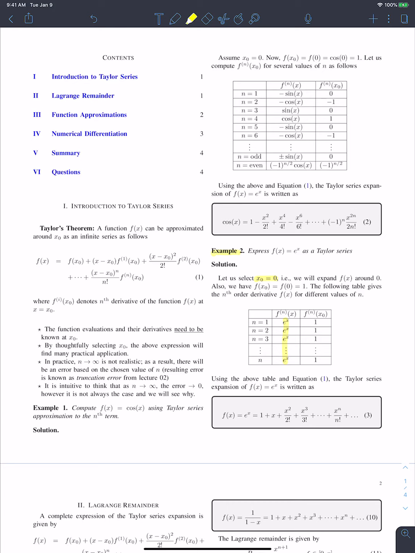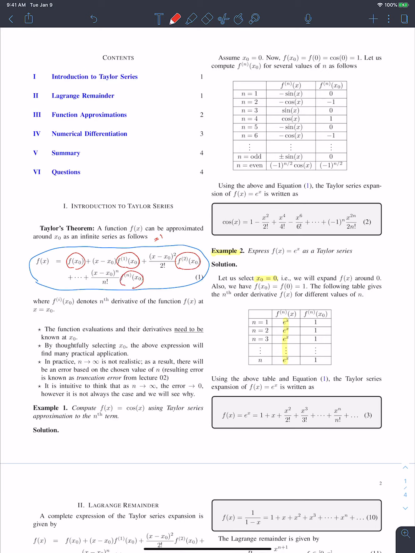With that, we can go to the Taylor series expression and substitute x0 as 0 in equation 1. f(x0) is 1, f prime x0 is 1, f second derivative x0 is 1, so all these values are 1. This is 1, this is 1, this is 1, and this is 1.